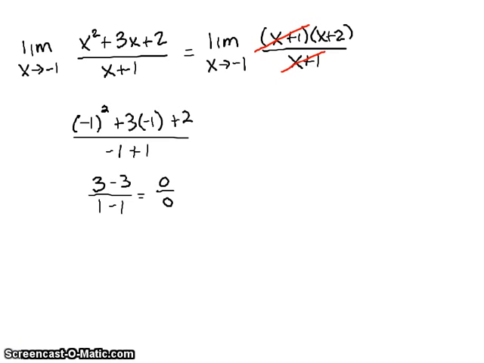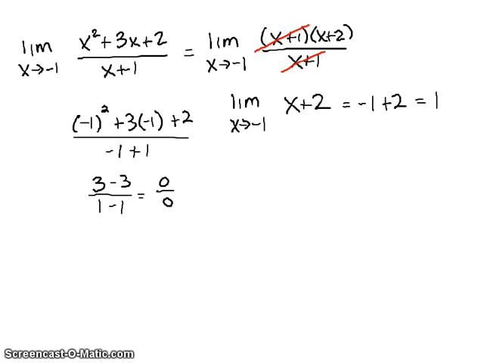Now we're just looking at the limit as x approaches negative 1 of x plus 2. Taking our limit, we plug in that value and get that the limit is equal to 1. So that's the first way: we can factor and we can cancel.